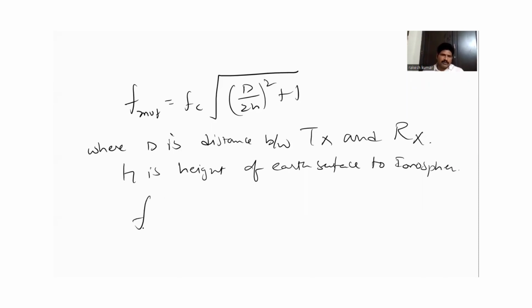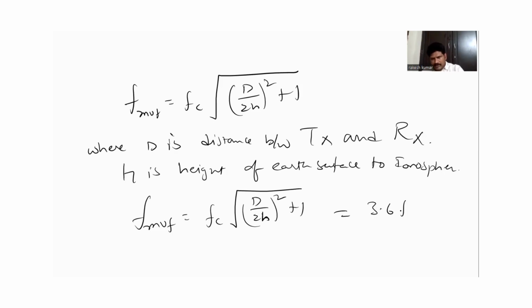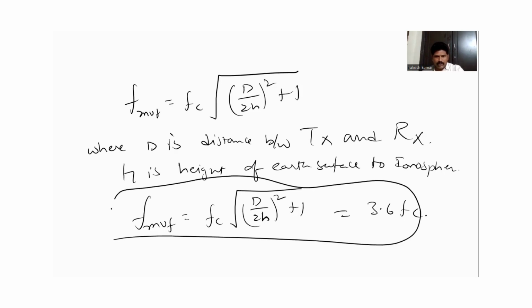So the expression for f is fc into root of d by 2h whole square plus 1, or the other expression is 3.6 fc. These are the expressions for maximum usable frequency.